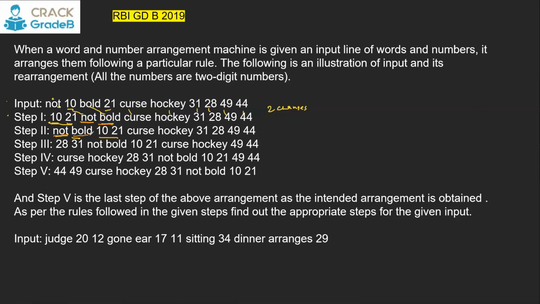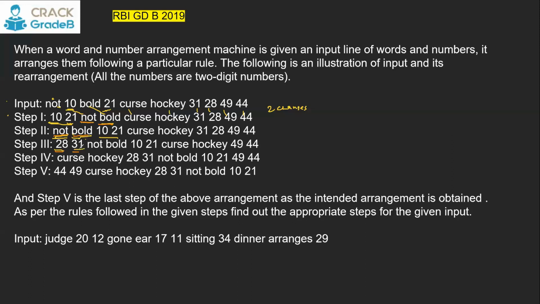In the second step, in the third step, the numbers come in front of these, 28 and 31. That means in the first step, the two smallest numbers, 10 and 21, appear. Now, in front of those, the smallest words. Now, not has 3 letters in it, bold has 4 letters in it. The 3-letter and 4-letter words are the smaller words. That means the two smallest words will come in.